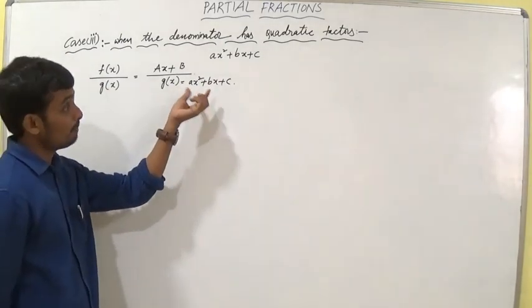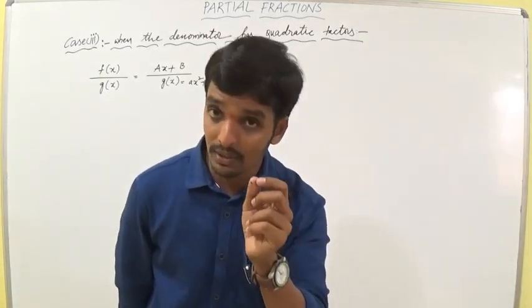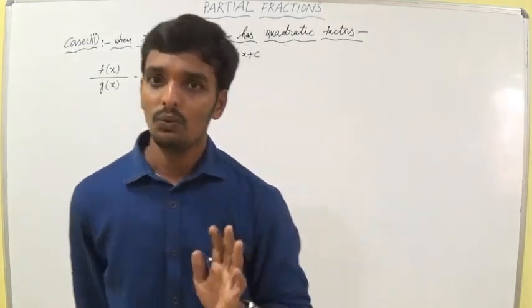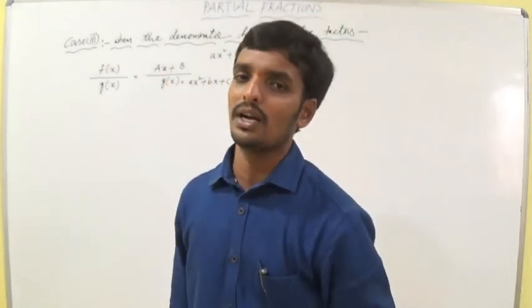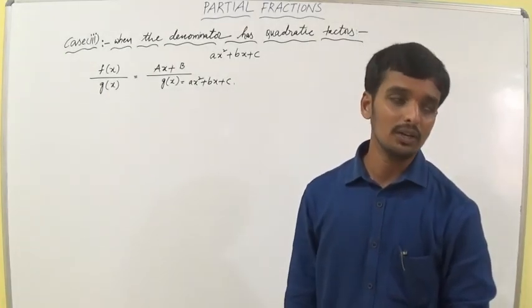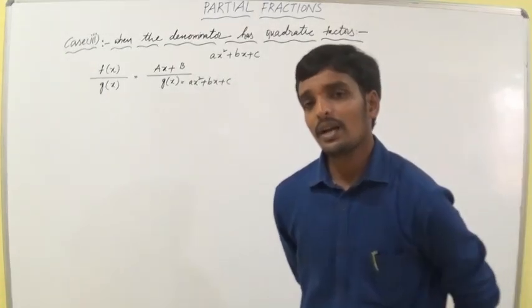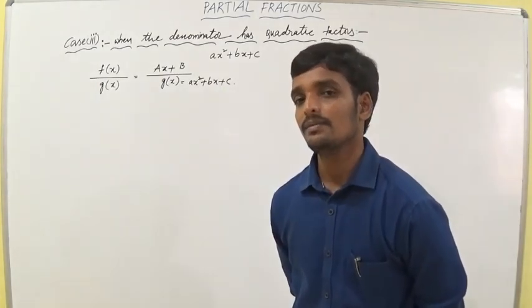This g of x is a quadratic equation, but we cannot factorize it. We have learnt very well about quadratic equations in the 9th class syllabus. When can a quadratic factor not be factorized?